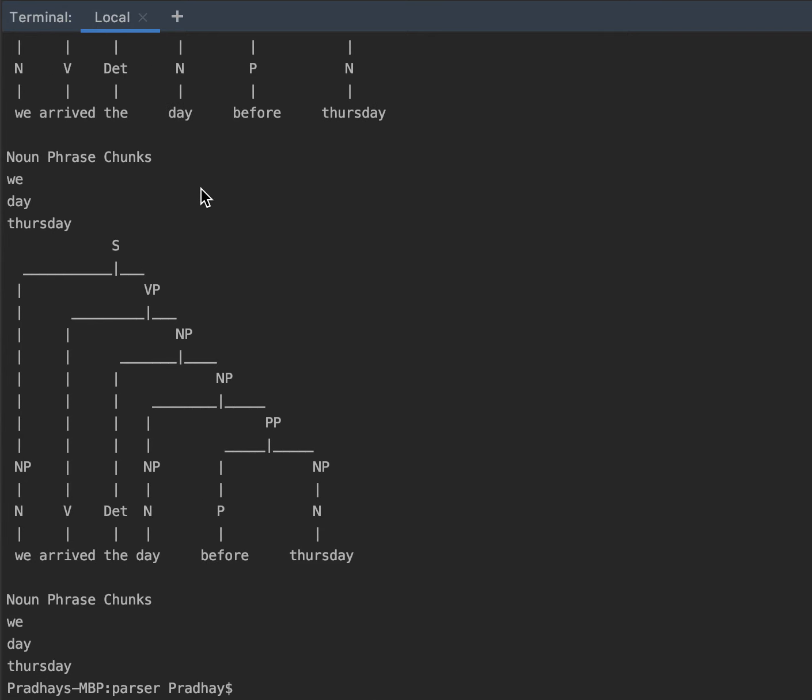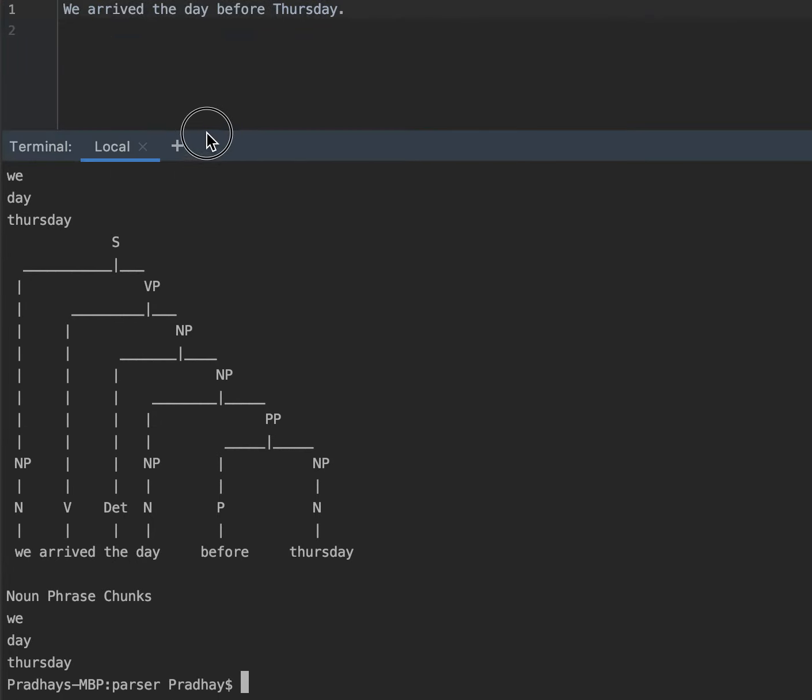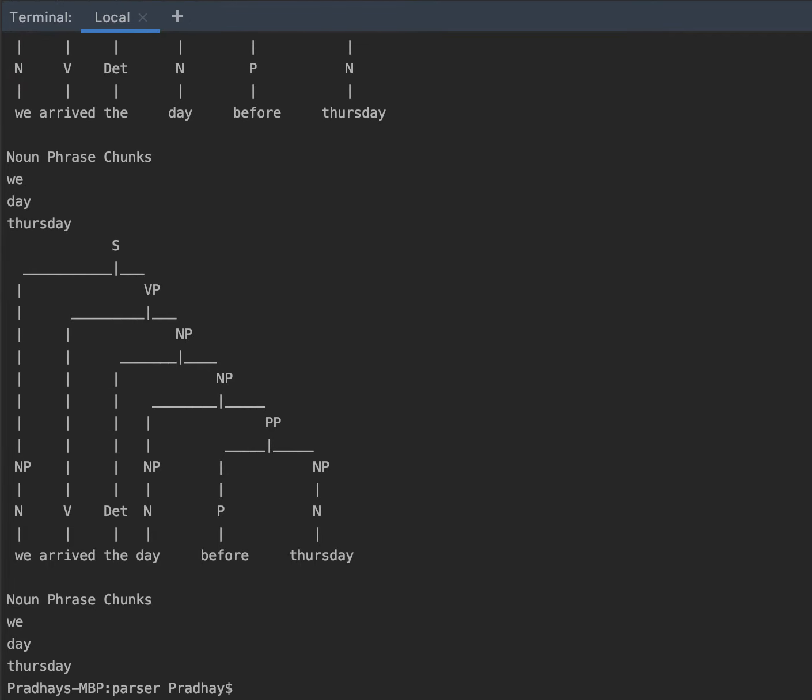We've got an even bigger tree, verb phrase, noun phrase, because it's quite broken down. Sentence 3 was we arrived the day before yesterday, so we would obviously see many. And Det, if you don't know, means determiner, words like the, of, these types of words, which can be quite common in different sentences.